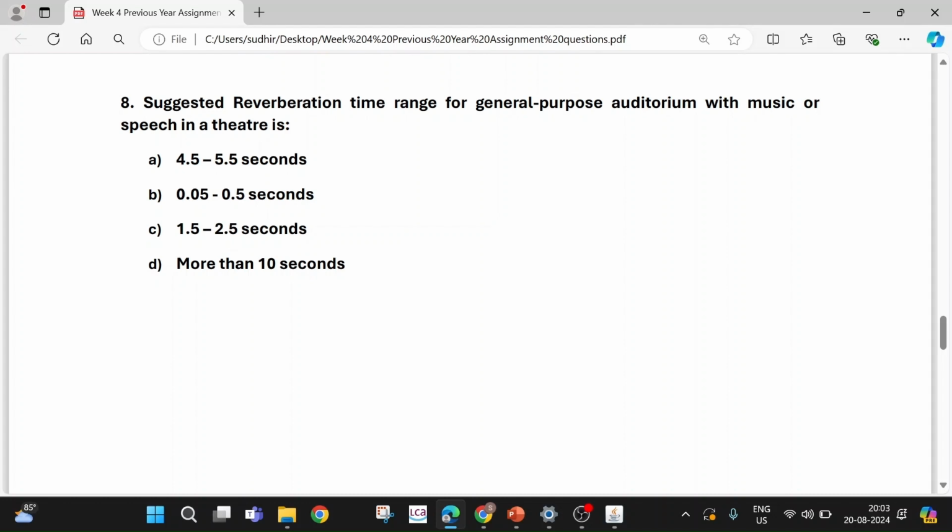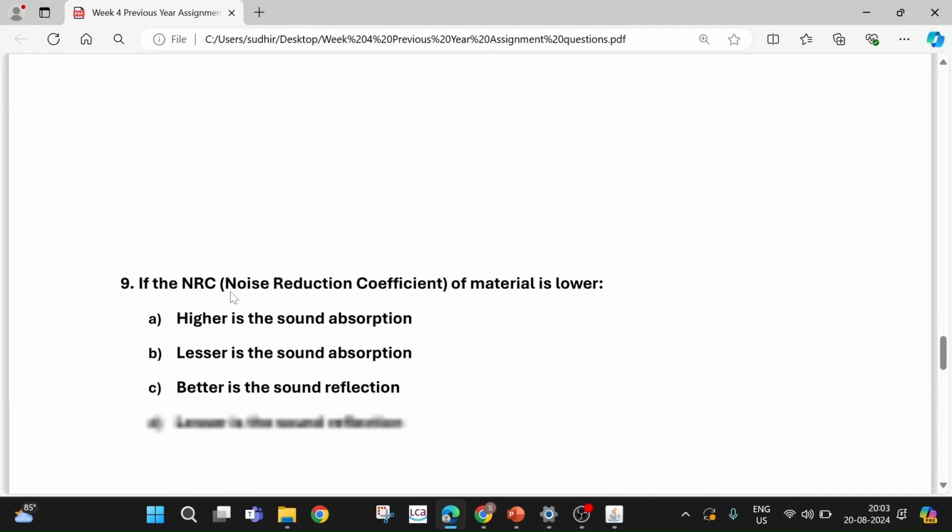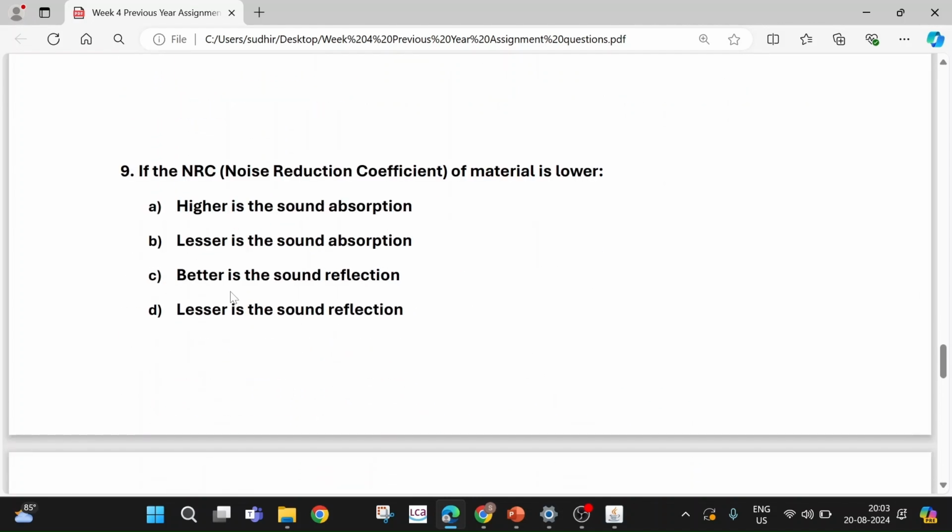Can we move to the next question? Yes, sir. Okay, then here is question number 9. B. Lesser is the sound absorption.